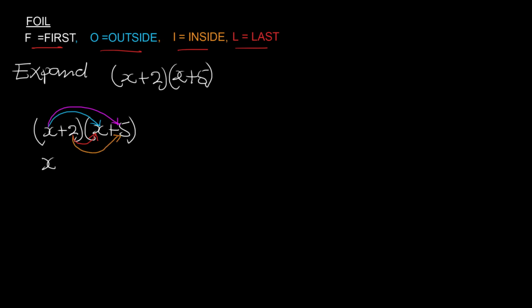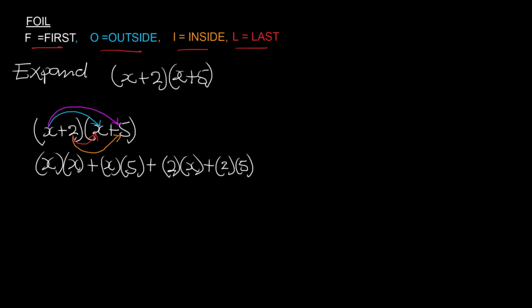This gives us x times x plus x times 5 plus, the inner terms, 2 times x plus 2 times 5. This gives us x times x is x squared plus 5 times x will give us 5x plus 2 times x will give us 2x plus 2 times 5 is 10.